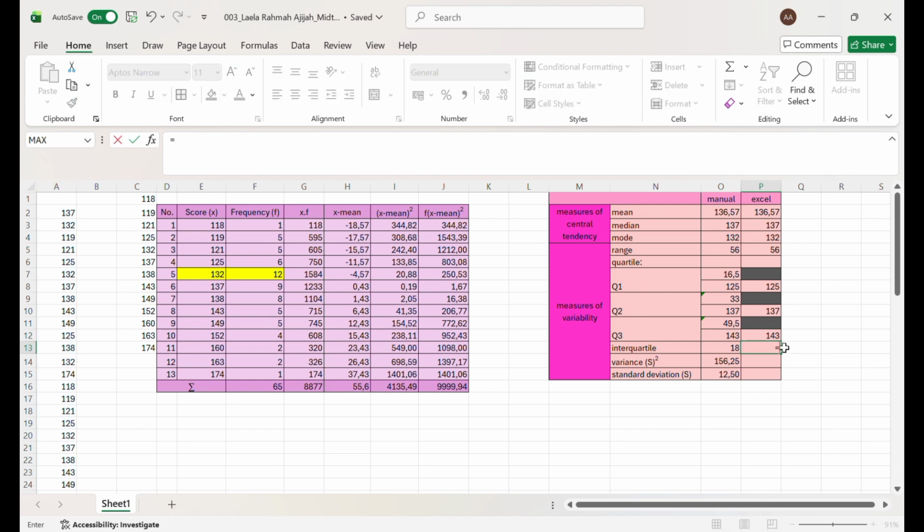After you find the quartiles, for the interquartile range you only need to subtract Q1 from Q3 and enter.